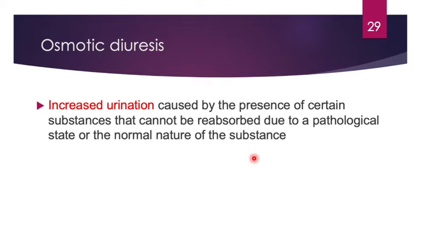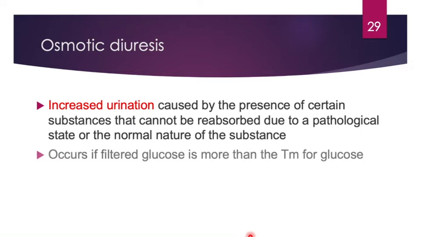Osmotic diuresis is increased urination, which is caused by the presence of certain substances that cannot be reabsorbed due to either pathological state or the normal nature of the substance. For example, when filtered glucose is more than the TM value, glucose can no longer be reabsorbed, so it will stay in the lumen.